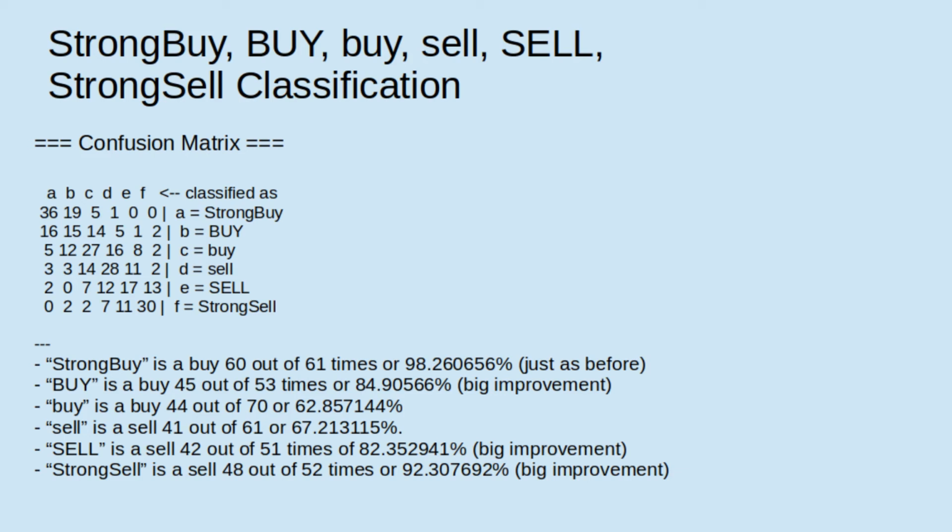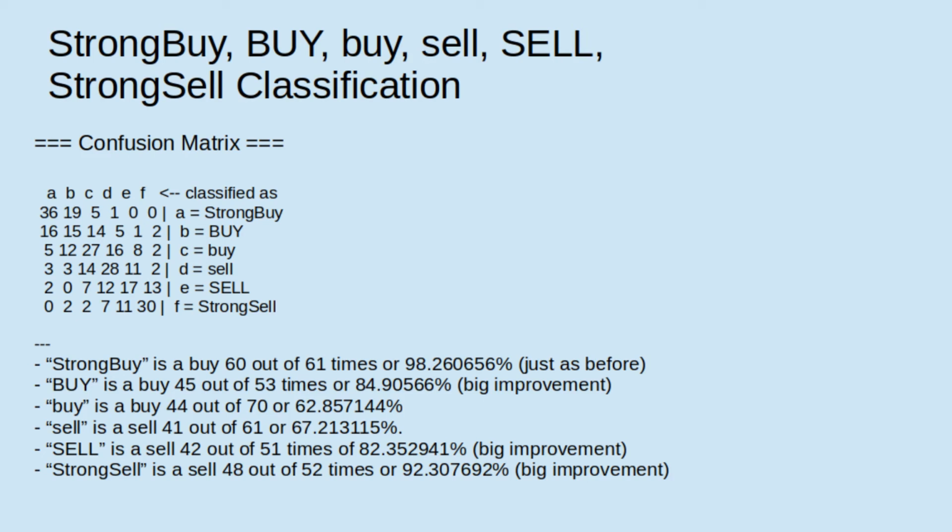In the confusion matrix, the strong buy is a combination of all buys on line 1, which would be columns A, B, and C. And if you divide that by all calls, you get the actual number of buy calls. In this case, we get a 98% correct call rate for buys, which is pretty much the same as before.